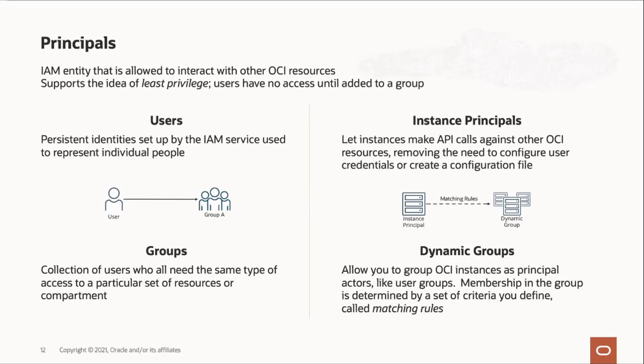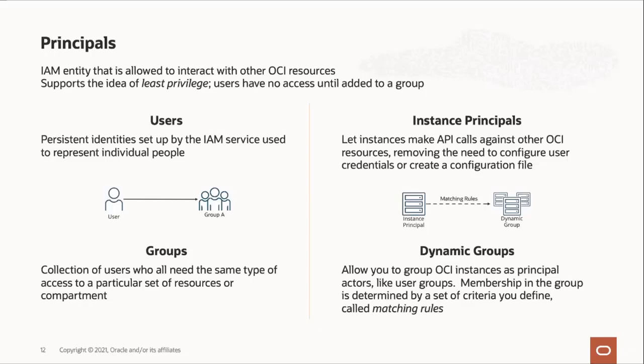So for example, a matching rule could call upon a specific compartment, or you could call upon a specific instance's OCID, which is like a unique resource identifier for a particular resource within the cloud. It's going to have that OCID, and then you would go into your dynamic group and set up that matching rule, and then your instances could act as principal actors and make API calls to different resources that you have.